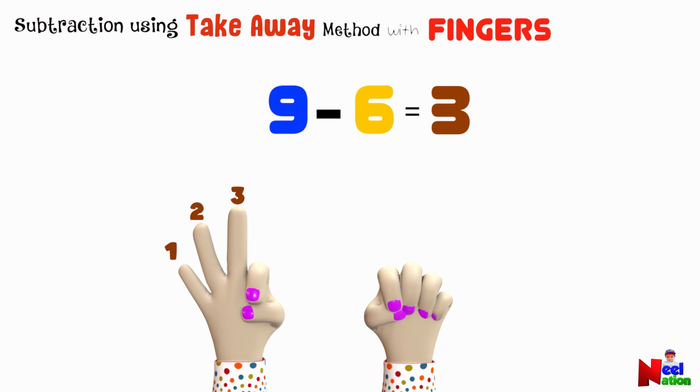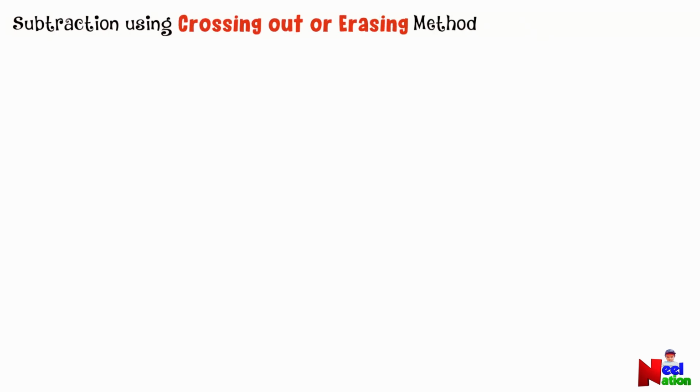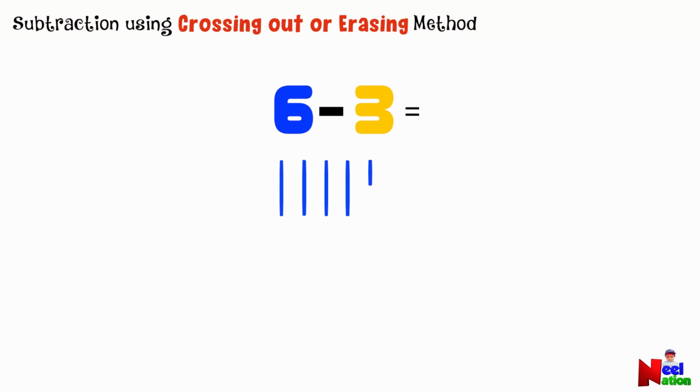So easy, isn't it? Let's do subtraction in another fun and easy way. This is called the crossing out method. Let's begin with 6 minus 3. In the numbers 6 and 3, which one is bigger? 6. That's right. Now, let's draw 6 lines. 1, 2, 3, 4, 5, 6.